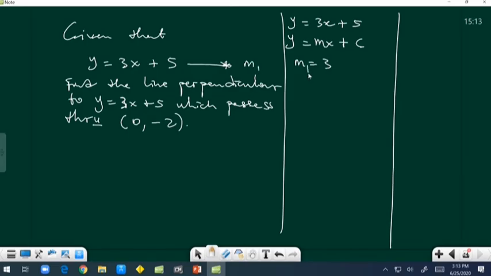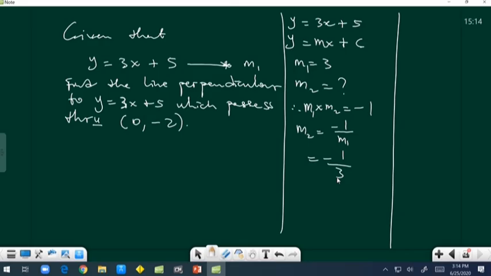So if this is m1, m2 is unknown. Therefore m1 multiplied by m2 is equal to minus 1. That means m2 is equal to minus 1 over m1. So we have minus 1 divided by 3.